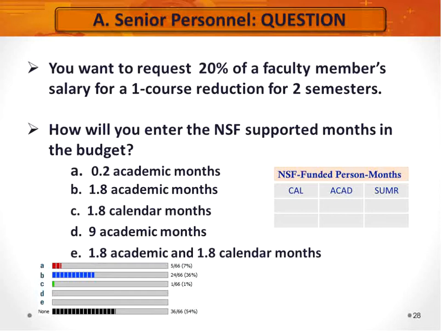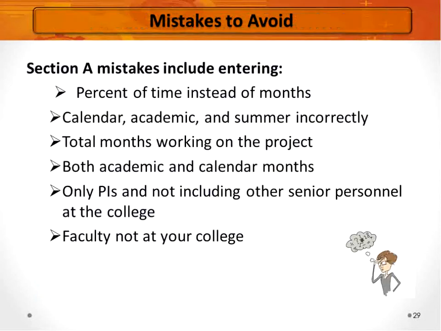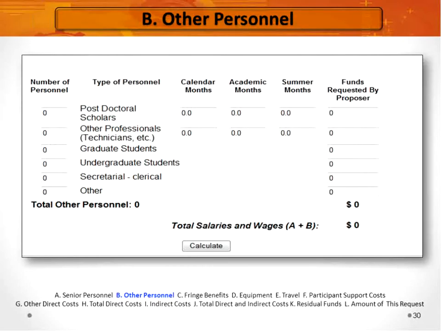And you certainly wouldn't use academic and calendar months because you're paying the person one way or the other, depending on who this person is. In this case, it's a faculty member. The next one would be, this is over the course of the academic year, and it's 20% of their time. So it's exactly what was actually calculated earlier. So 1.8 academic months is what you would want to fill out. Okay, I think we can go to the next slide.